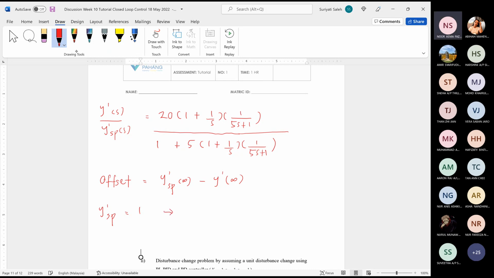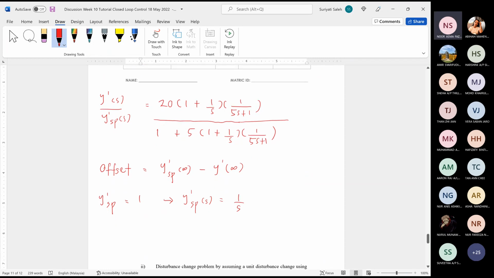If we Laplace transform it, y prime SP S equal to 1 over S. Now we know that y prime SP S equal to 1 over S.